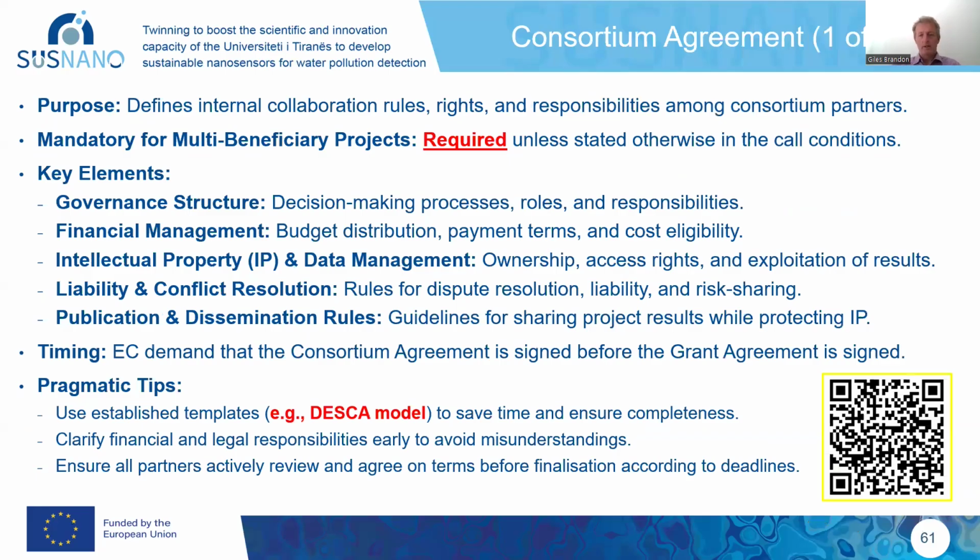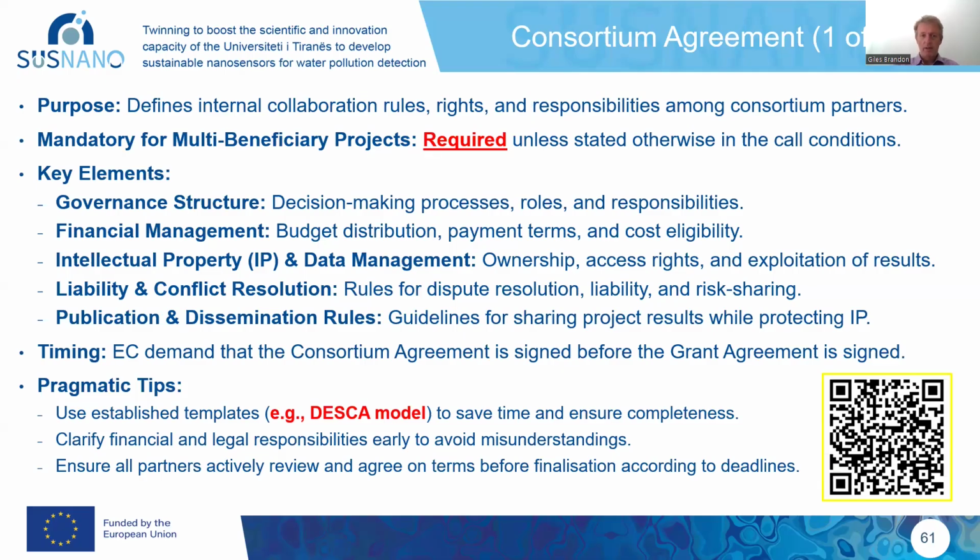So very last slide, consortium agreement. The purpose of a consortium agreement is to define internal collaboration rules, rights and responsibilities among consortium partners. It's mandatory for multi-beneficiary projects. So I've put it in red and underlined it.